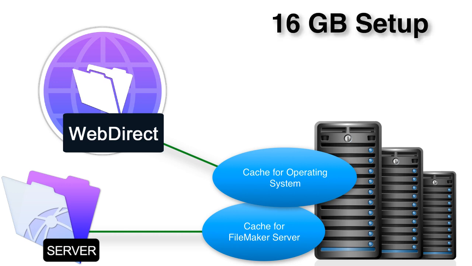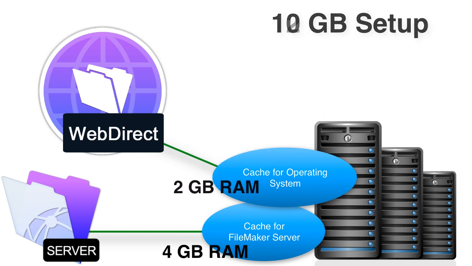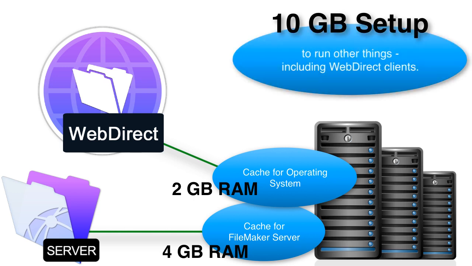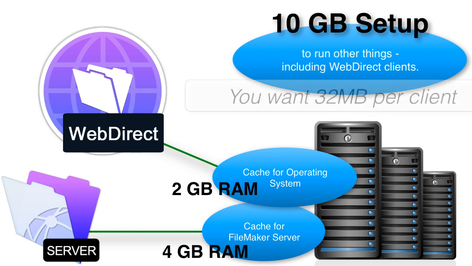So in your 16 gigabyte setup, if you've taken, say, 4 gig of RAM for FileMaker Server cache, that leaves you with 12. Allow, say, 2 gigabytes for the operating system, that leaves you 10. That then leaves you 10 for other things to run, including WebDirect clients, and our numbers suggest 32 meg of RAM is about the number you want for each WebDirect user.